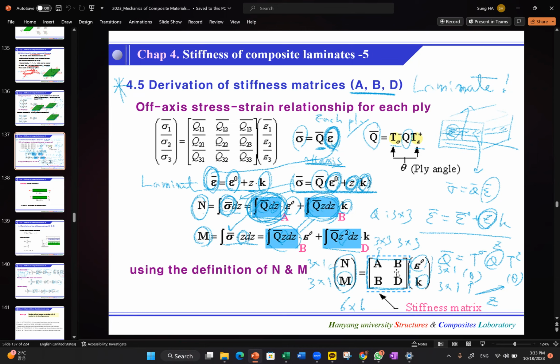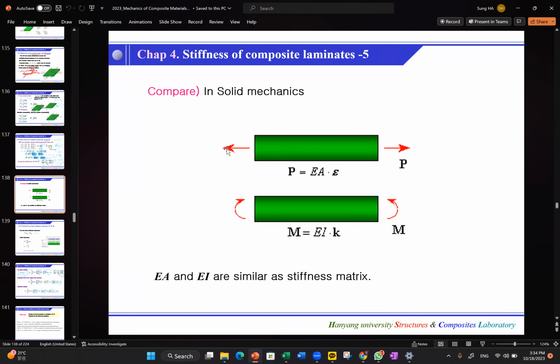I'd like to remind you that let's say we have a beam, a very simple beam, or a bar under extension. So this is a simple isotropic bar. Then if we apply the P here, there will be some strain in tension, and P equals EA epsilon.